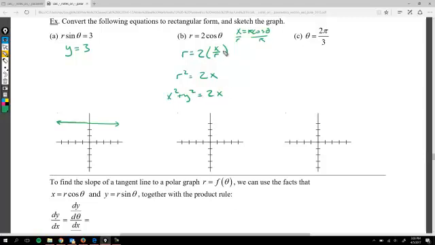All right, so you'll notice that I focused on getting rid of this cosine of theta first. Theta is going to be what I want to sub out because it can be kind of the trickiest thing. Okay, now if you subtract 2x from both sides and complete the square, you end up getting that this is a circle of radius 1. And it looks something like that.